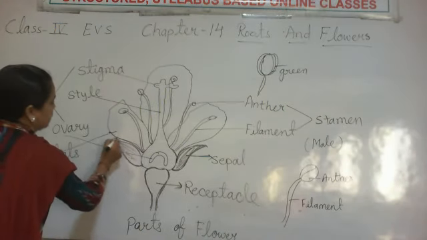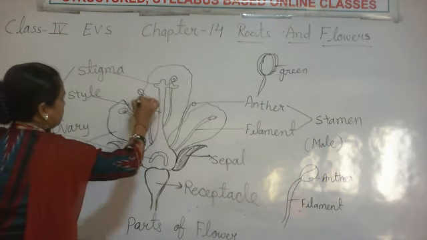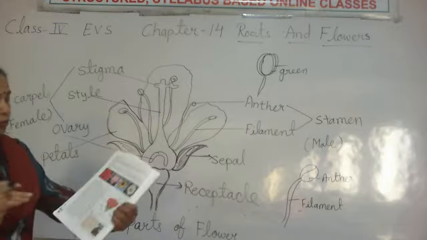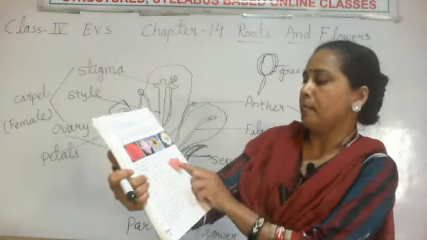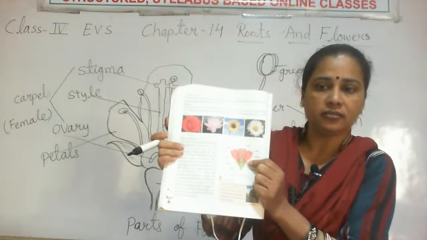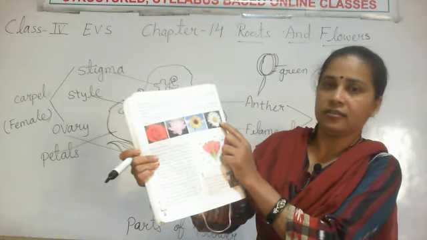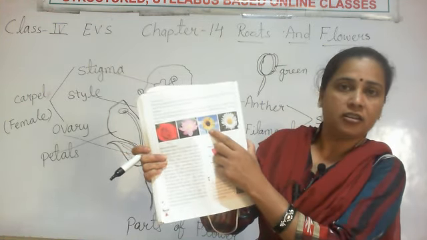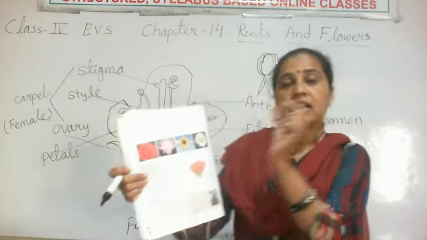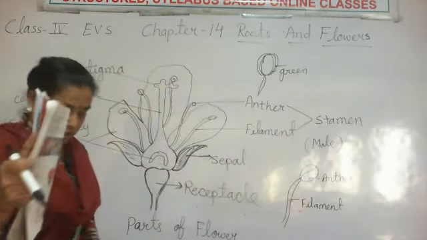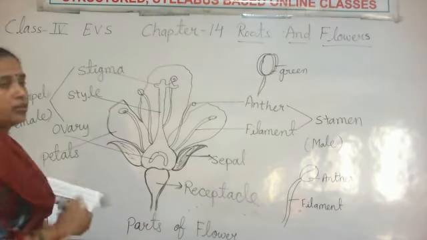See this part. Okay, this is the colorful part. And what is the color of petals in this picture? That is red. And here white, yellow, pink and red. Means the petals are the colorful and very pleasant part of the flower.